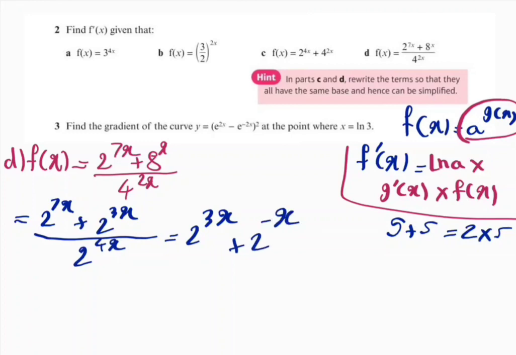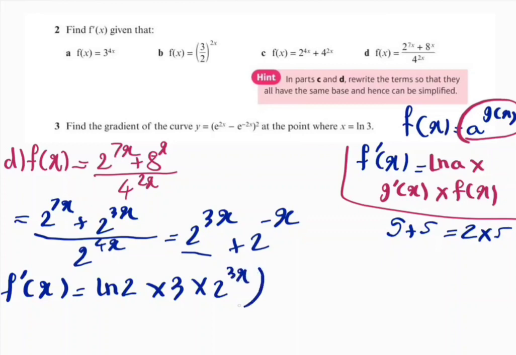Now let's differentiate each of these separately. f dash x is equal to, let's just start with this one. Again, the natural log of the base times the derivative of the power times f of x, plus the natural log of the base times the derivative of the power, which is minus 1, times f of x.